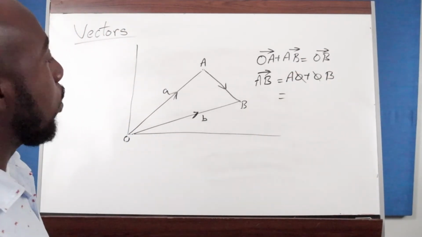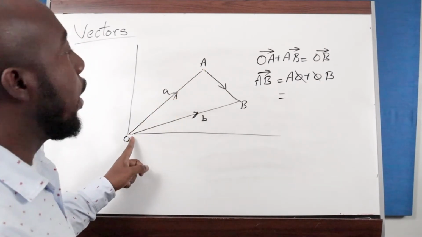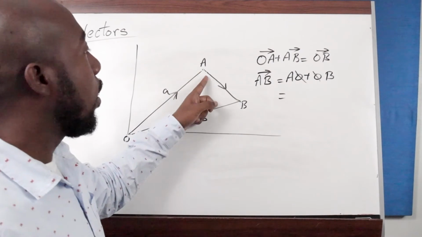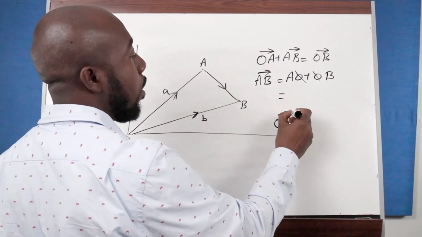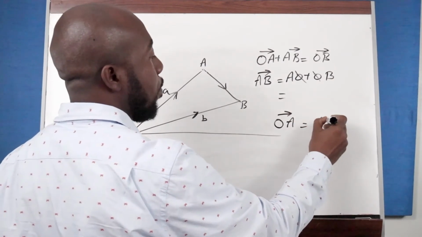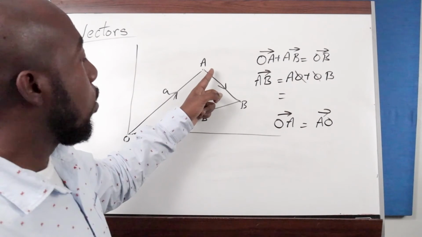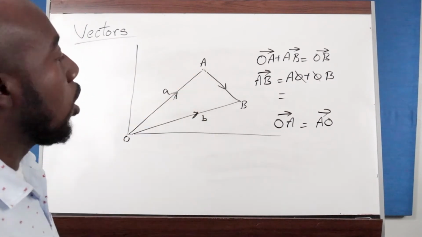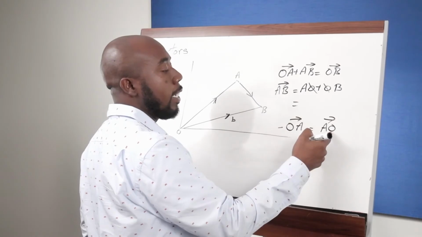But note, what we're doing here is going from A to O, but what they give us is O to A. Now, you must realize there's a relationship between OA and AO. If OA is going this way, AO is in the opposite direction. So the relationship is negative OA is AO.